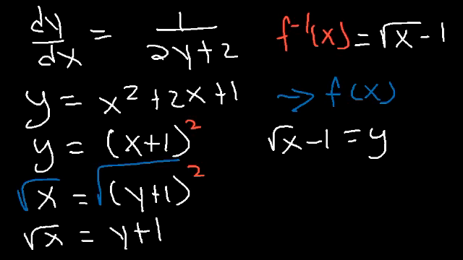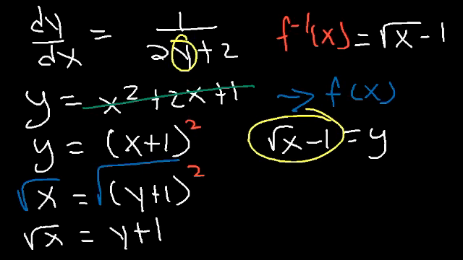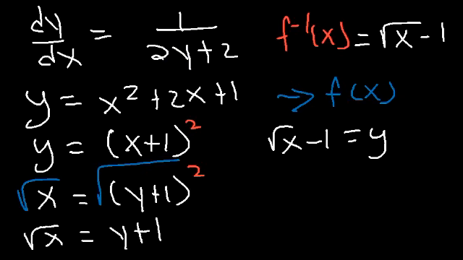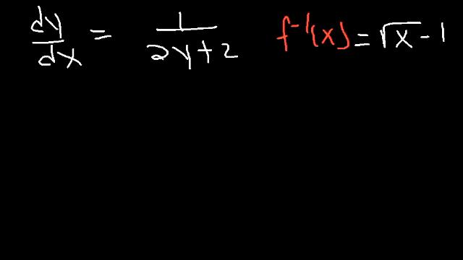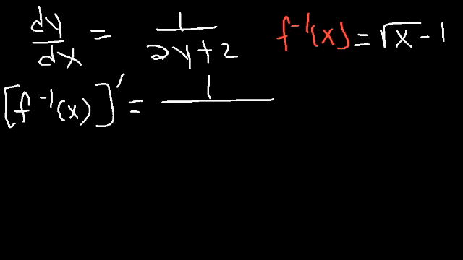So at this point, what we want to do is replace this y with the square root of x minus 1, because that's equal to y for the inverse function. Do not replace it with x squared plus 2x plus 1. That's y for f of x, not the inverse. So therefore, the derivative of the inverse function with respect to x is going to be 1 over 2, and then we can replace y with the square root of x minus 1, which has to be inside of parentheses, plus 2.